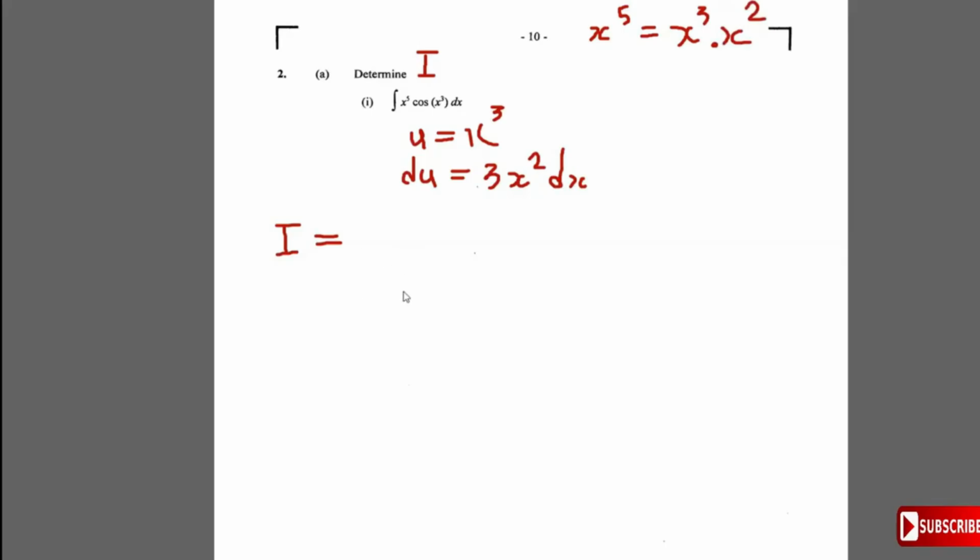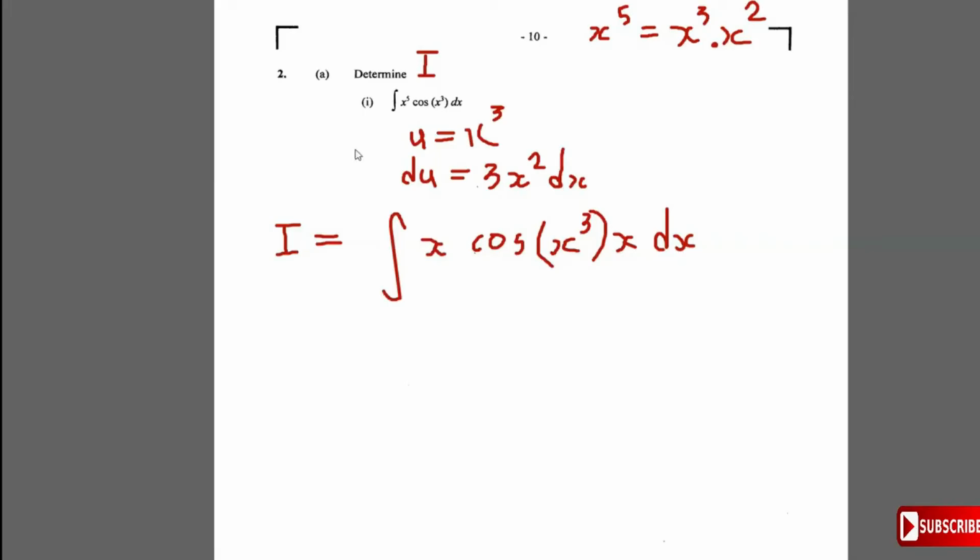So I'm going to rewrite this integral as the integral of x squared times the cos of x cubed times x cubed dx. And let me change the position. Let me put the x cubed here and the x squared here.